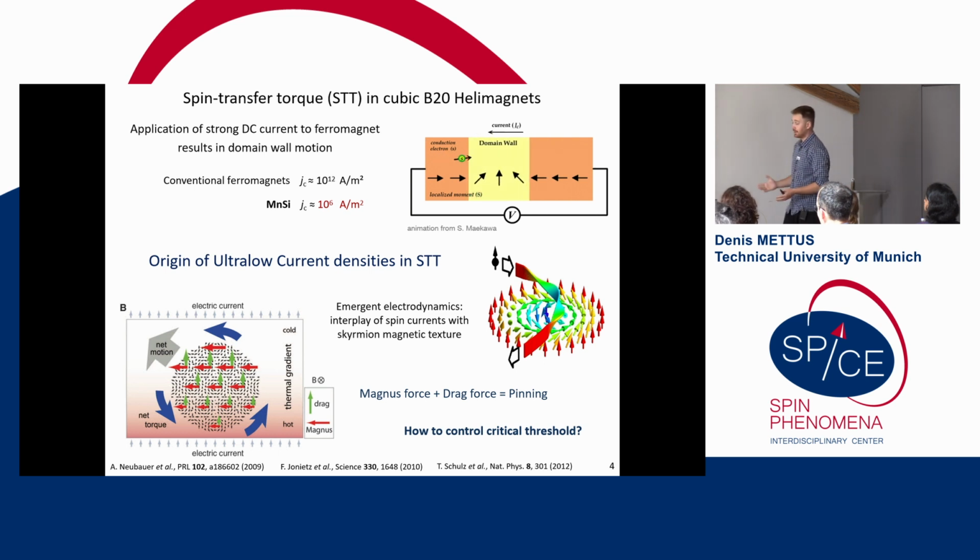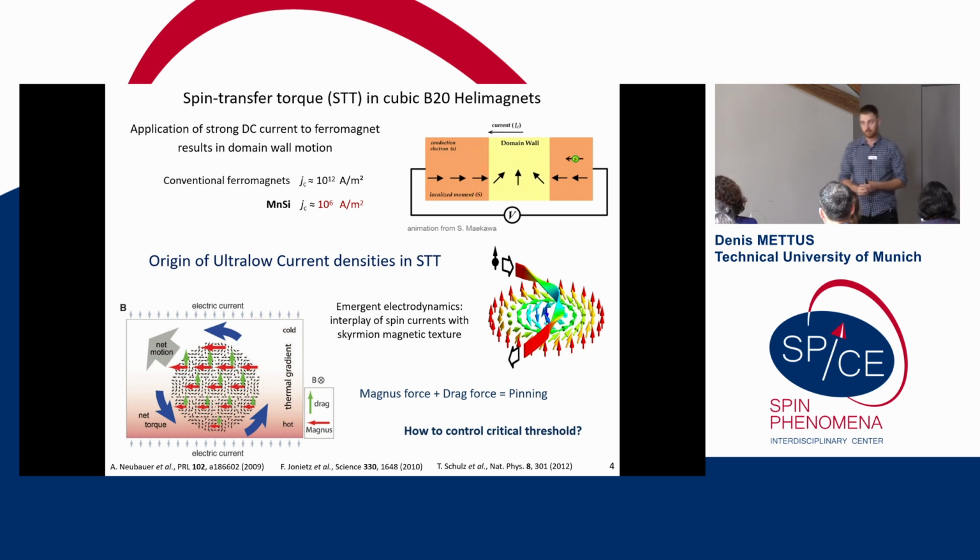So the prime question of all of this is, how can we control that practically? What internal parameters can we change, like the defect concentration in the material or the strength of spin-orbit coupling, or external parameters such as an AC magnetic field, which can help to push skyrmions into motion?